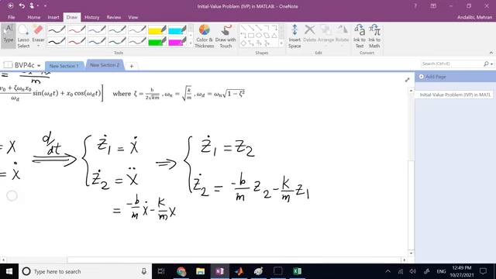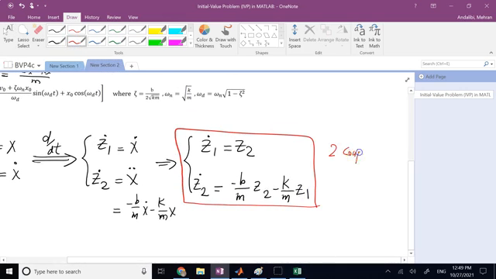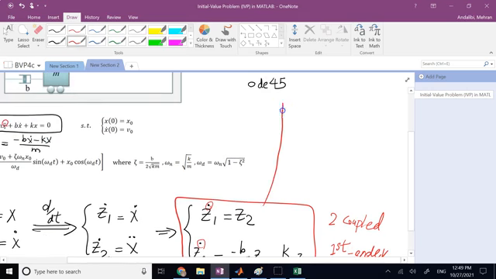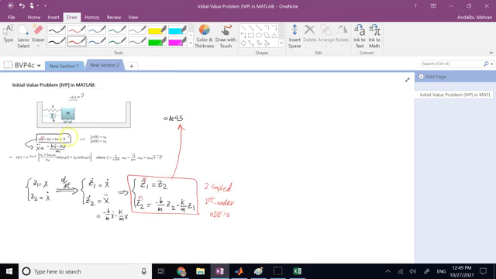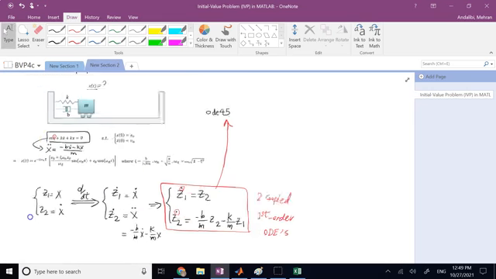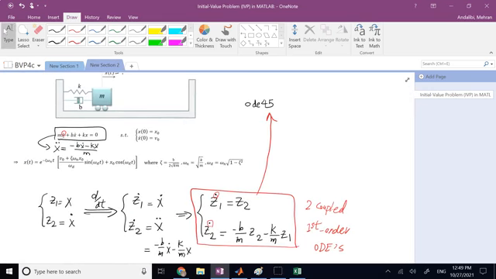So now, if you look, you clearly again have what? Two coupled first order ODEs. You see, they are both first order. And again, guess what? ode45 has no problem solving that, but it cannot solve a second order, right? So again, here we have what?